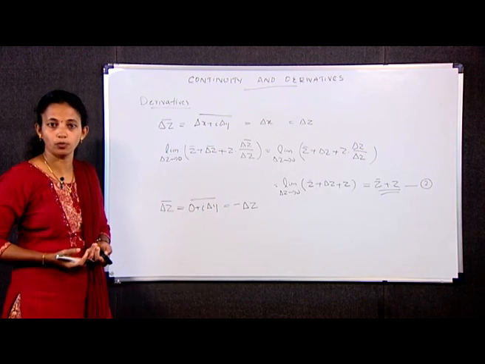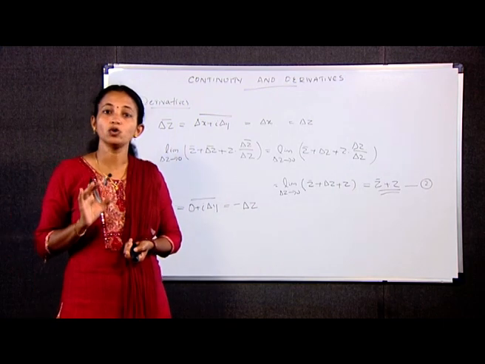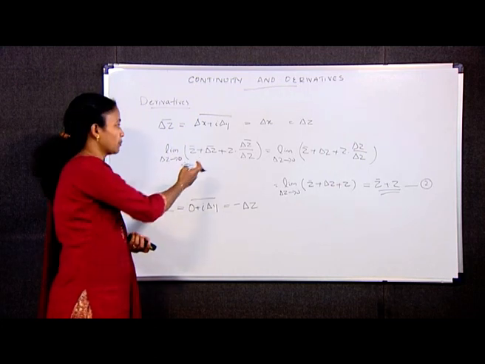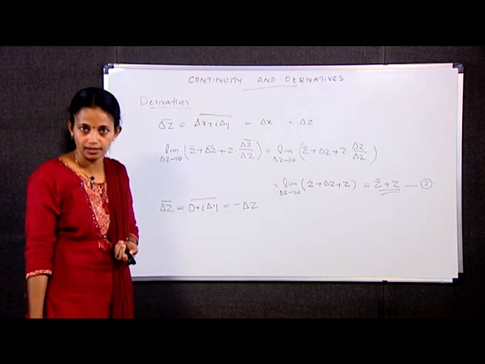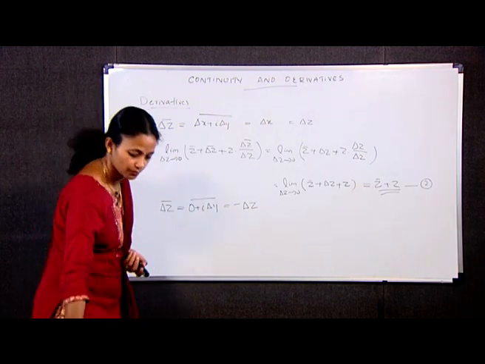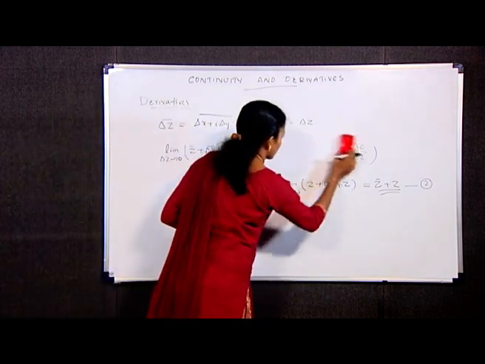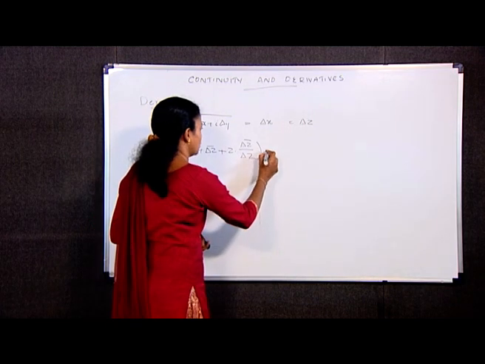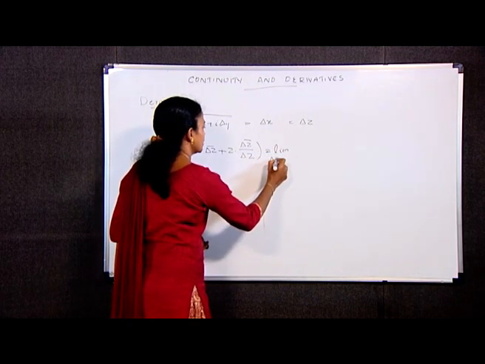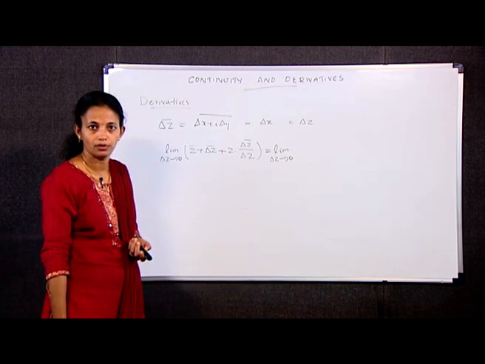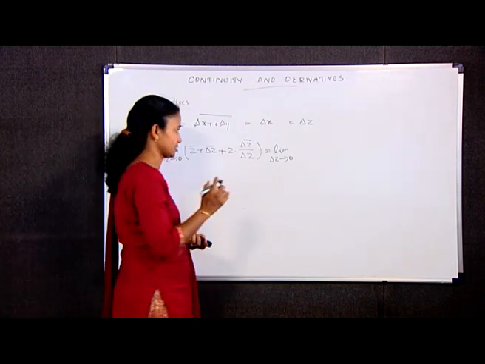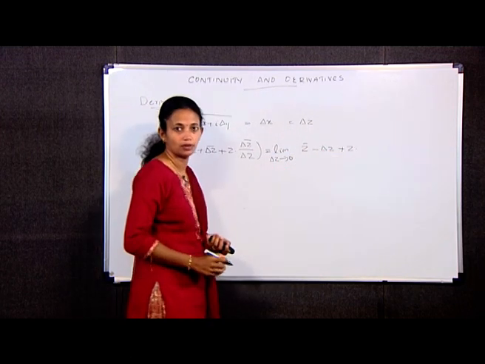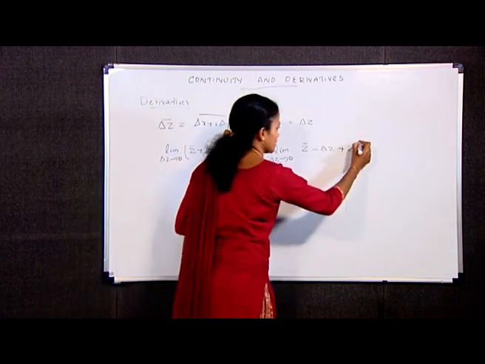And using equation number 1, if the limit exists, its value must be limit delta z tending to 0 of z bar plus delta z bar plus z into delta z bar by delta z, which is equal to limit delta z approaches 0 of z bar minus delta z plus z into minus delta z by delta z.